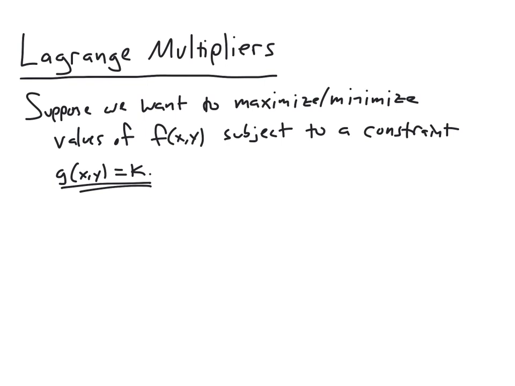And so in this context where we want to maximize or minimize these values subject to this constraint, we're going to start by considering the level curves of the function f. And so we're going to draw a picture.